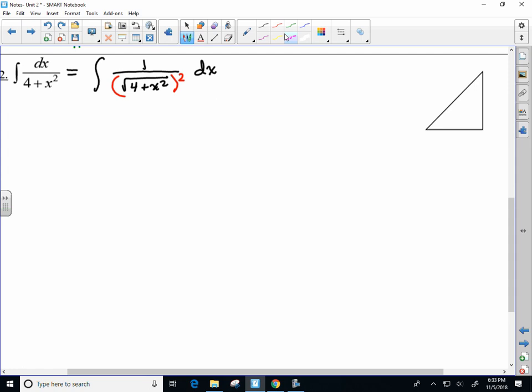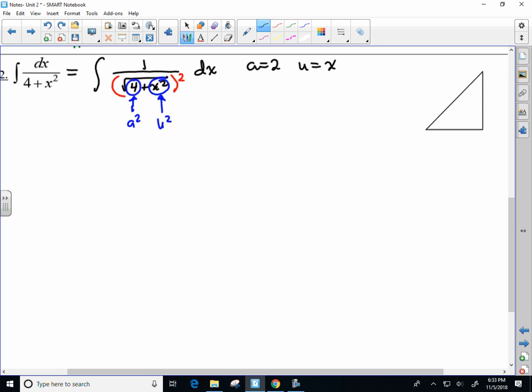Anyway, we define our U and A just like we did in the last problem, except our placement's going to be a little bit different. You can cut to the chase on this a little bit, because if you know that this is going to be A squared, and this is going to be U squared, then really you're saying that A is equal to 2 and U is equal to x. You don't have to show that first step, which is just me reiterating what I did with the arrows.